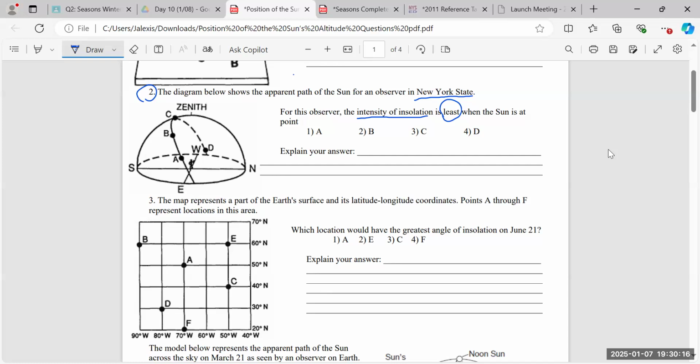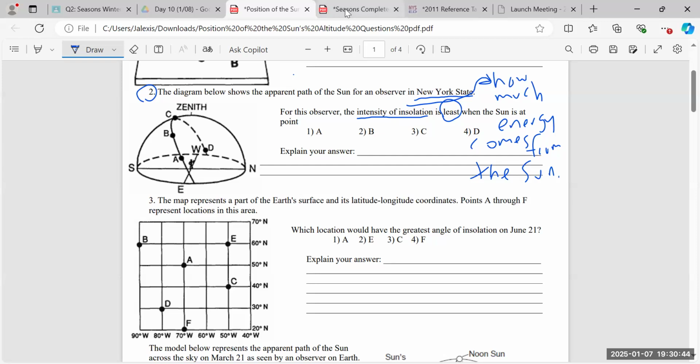When they're talking about the intensity of insolation, they're talking about how much energy comes from the sun.